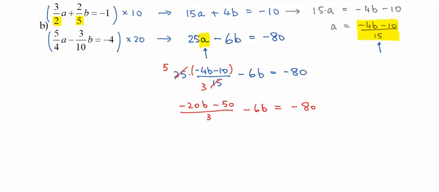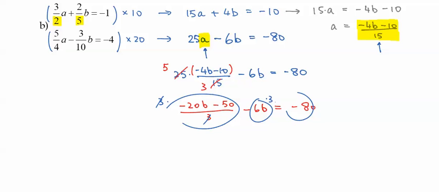But still, we are getting a denominator. What can you do to eliminate the denominator in this case? Multiply everything by 3. I'll times it by 3, times it by 3, times it by 3. For the first one, if I'm to times it by 3, it is going to eliminate the denominator.